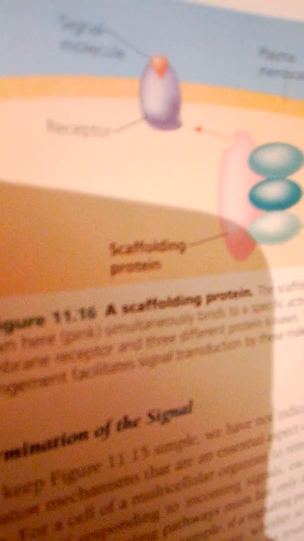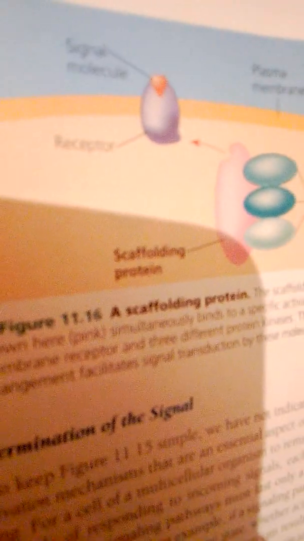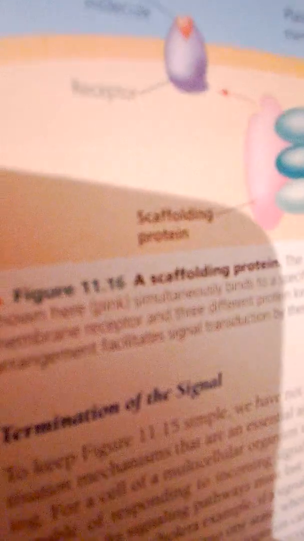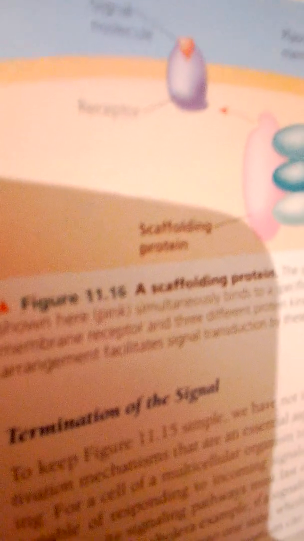For a cell of a multicellular organism to remain alert and capable of responding to incoming signals, each molecular change in its signaling pathways must last only a short time. As we saw in the cholera example, if a signaling pathway component becomes locked into one state, whether active or inactive, dire consequences for the organism can result.